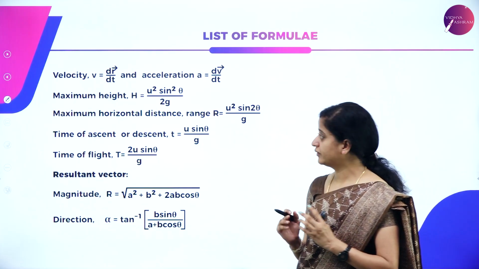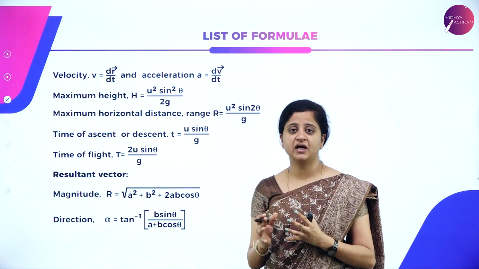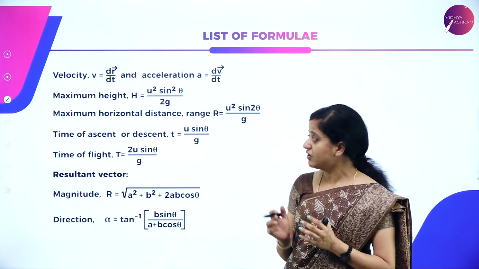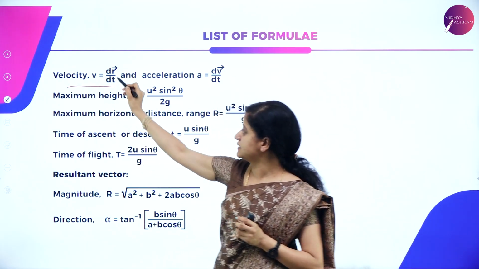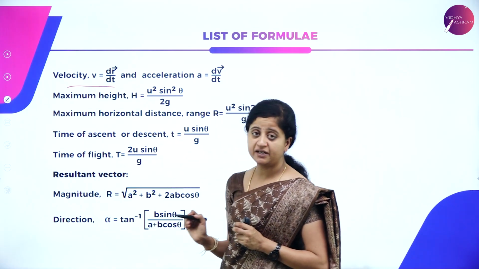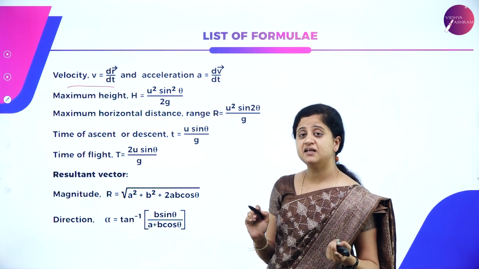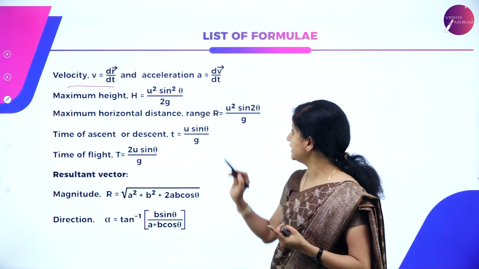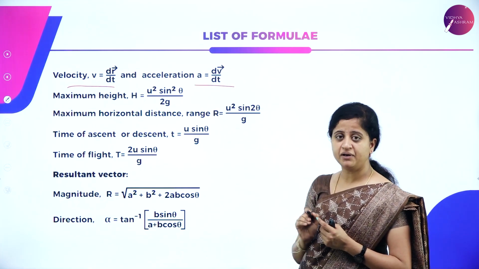So let us now look into the list of formulae that we have discussed in this chapter. As we all know, velocity is nothing but the change in position with respect to time, that is dr divided by dt. What is acceleration? Rate of change of velocity, so it is given by dv divided by dt.